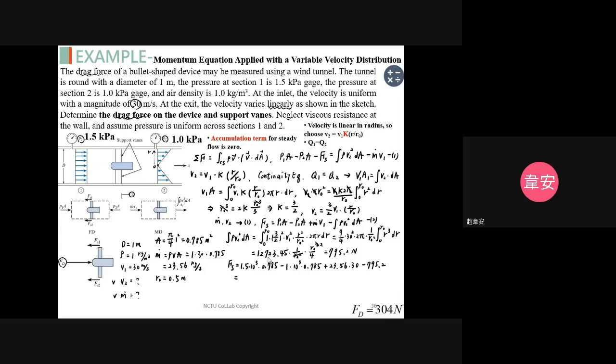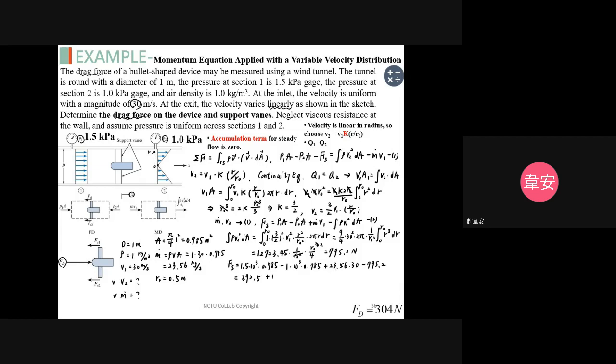So the contribution from the pressure difference is equal to 392.5 newtons, plus the velocity V1 multiplied by the mass flow, 33.56 multiplied by 30.